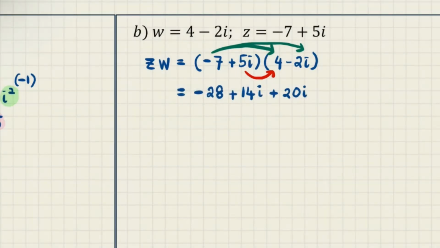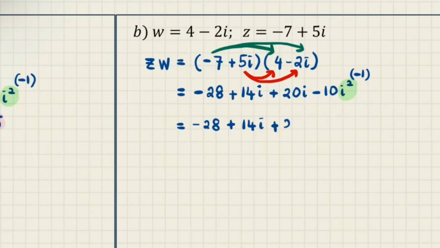Dan 5i darabkan dengan negative 2i. So we have negative 10i squared. And same goes to the previous example. i squared will be equals to negative 1. So negative 28 plus 14i plus 20i.